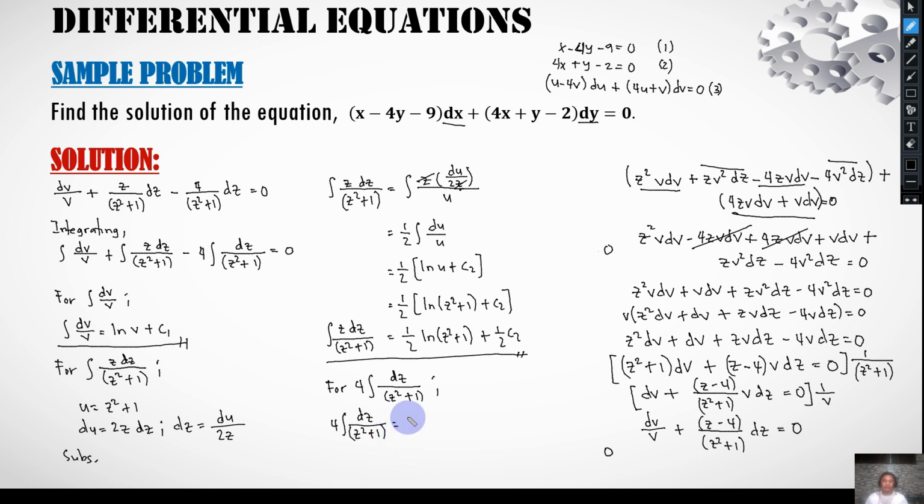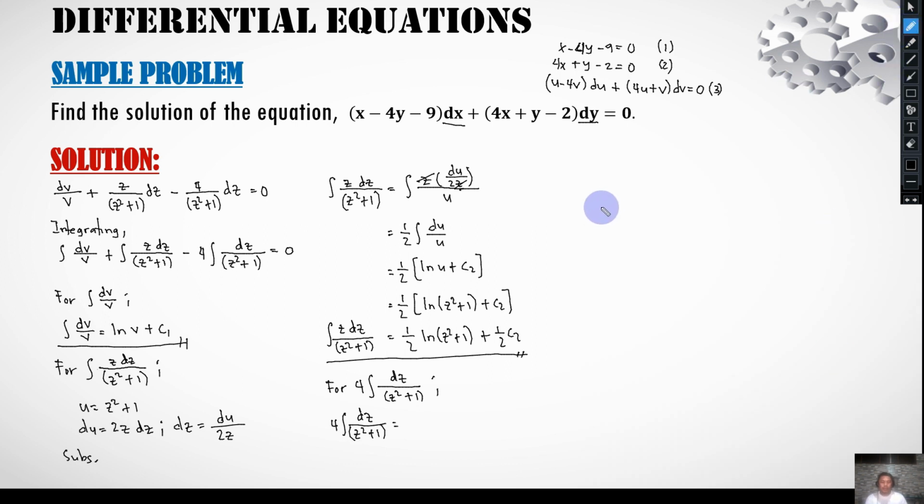What property can we use here, students? I hope you remember it. Actually, we have a property on this, and I would just like to remind you. The integral of du over a squared plus u squared is equal to 1 over a times arctangent of u over a plus c.